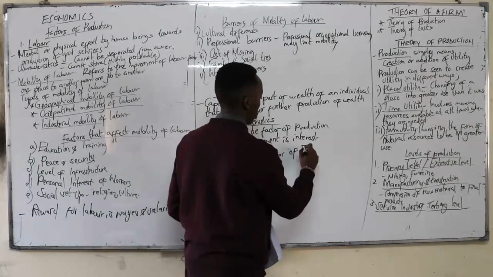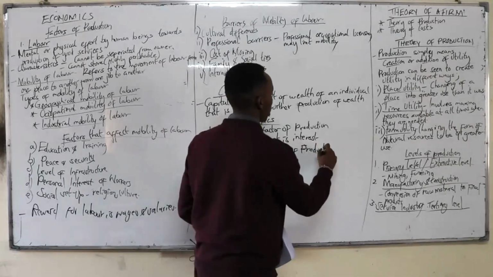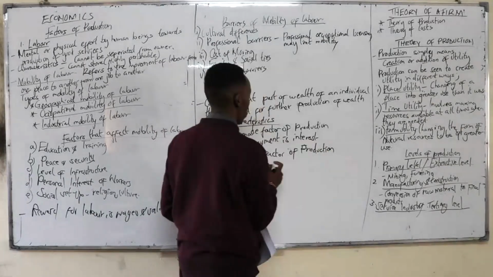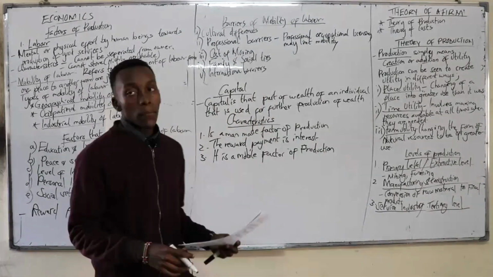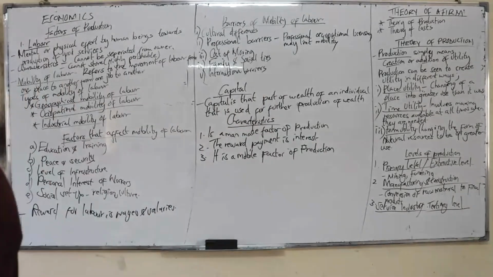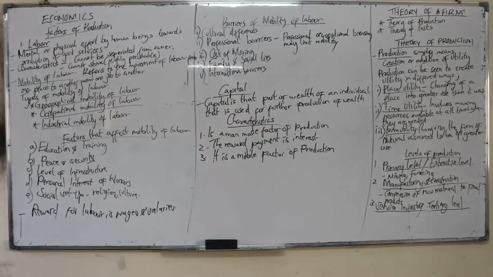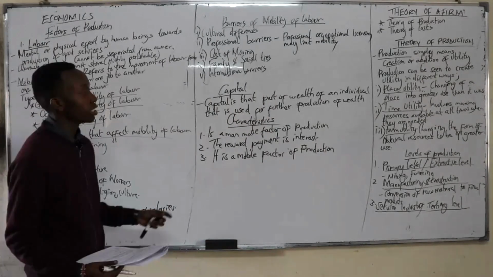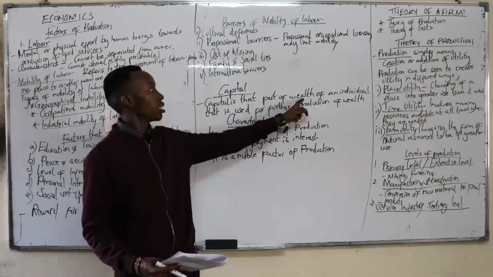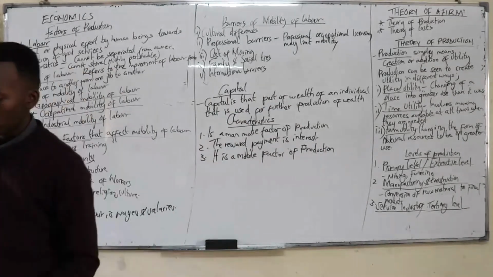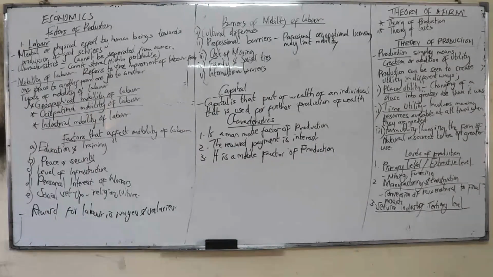We've already learned that mobility is that aspect that you can move. So when discussing capital, we usually have what we call capital formation. That entails how you create the wealth that you'll use for further production of goods and services.